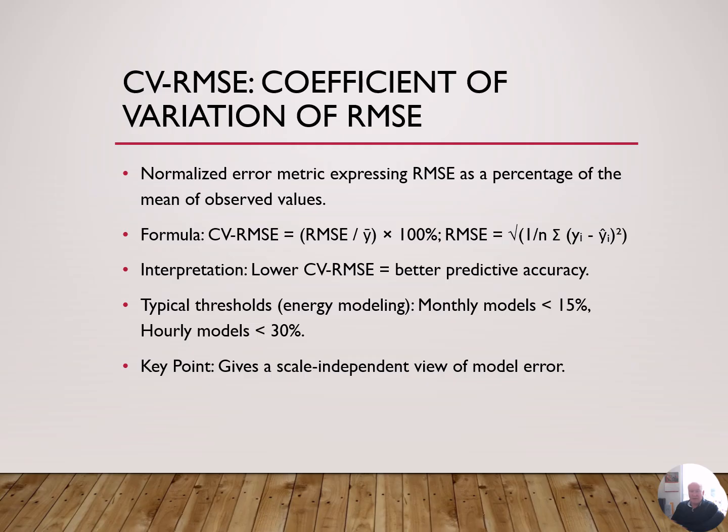Typical thresholds for energy modeling are that the monthly model should be less than 15% and the hourly model less than 30%. The key point is that it gives a scale-independent view of the model error.